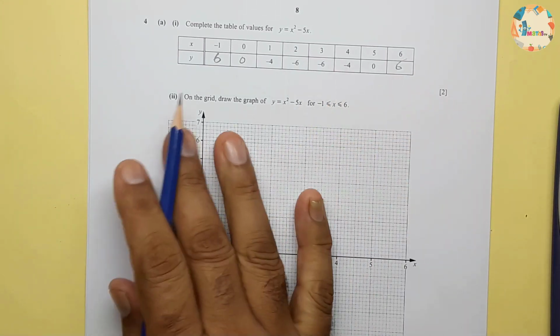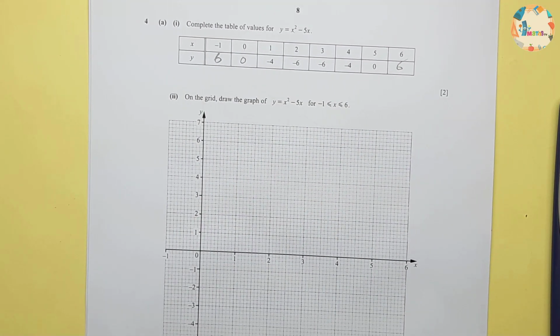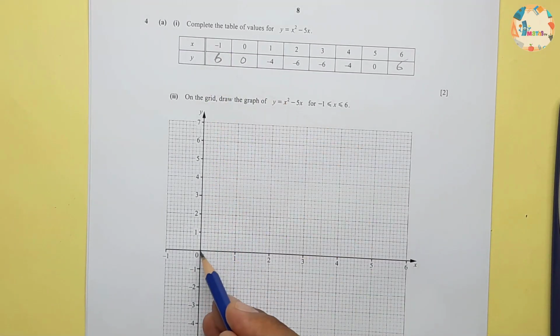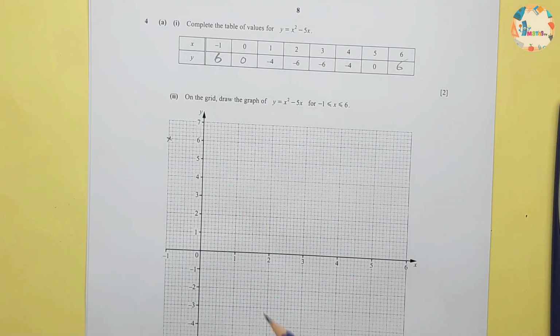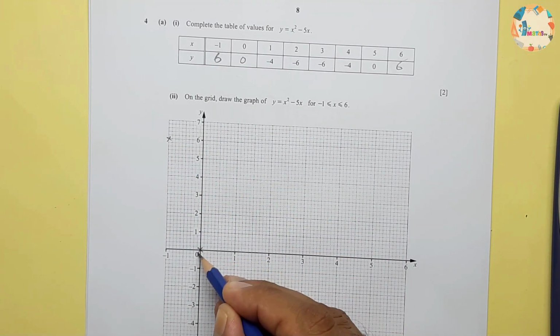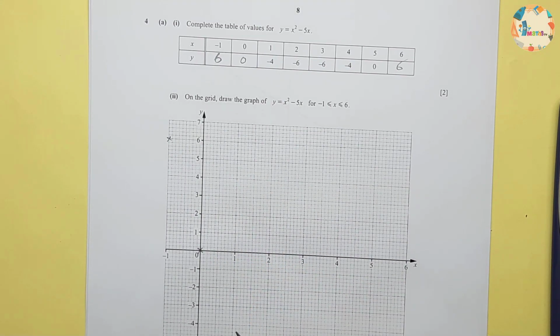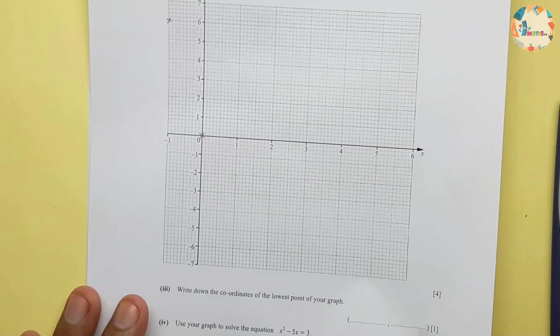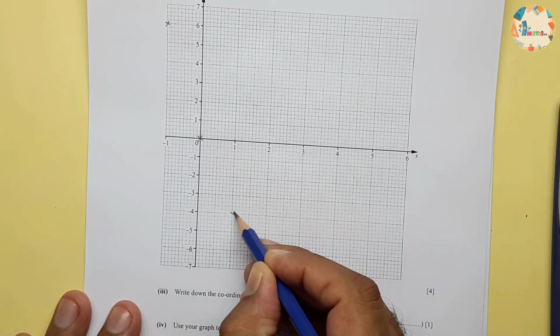So we got the table. Then on the grid, draw the graph of this equation. So we have to plot this graph, so you can see this. So minus 1 and 6 will be this point, and then comes 0 0, this one, then 1 and minus 4 will be this point.